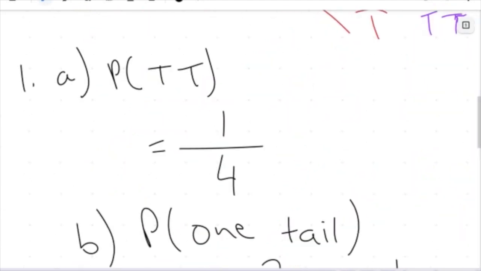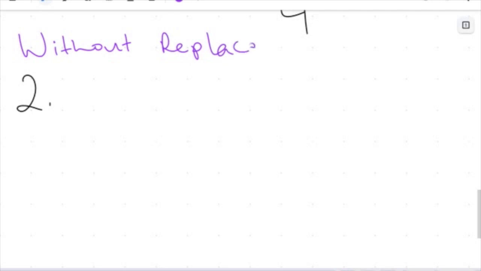Now, let's look at our second question. And this is going to be tree diagrams without replacement. Let's look again at what we mean by that, because these, on paper, look quite similar, but the difference between with and without replacement actually ends up being quite significant.